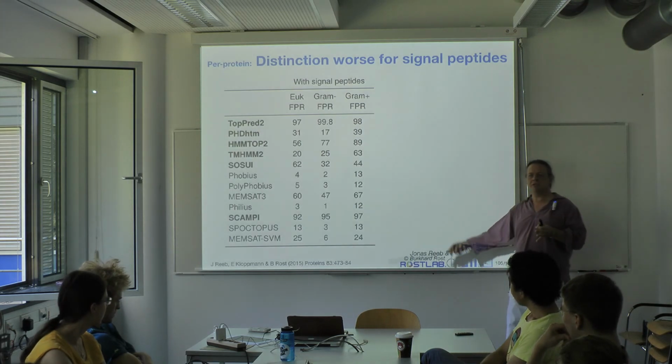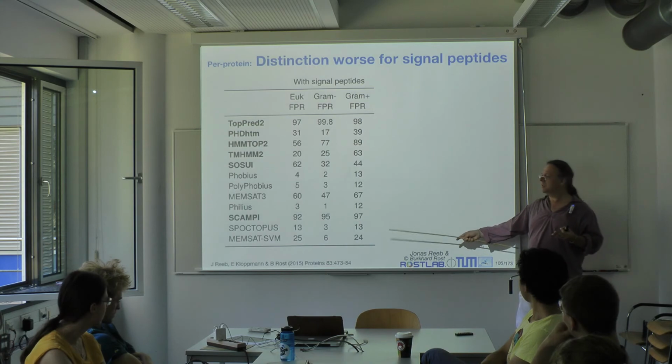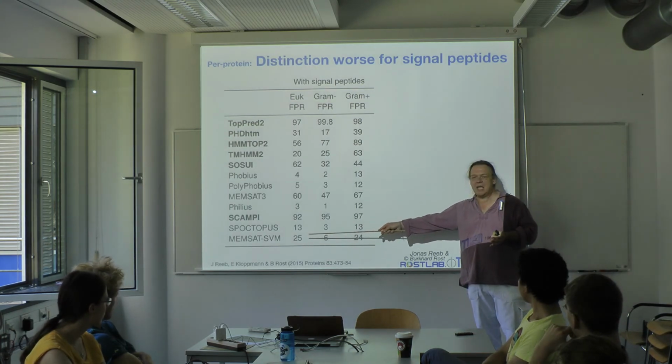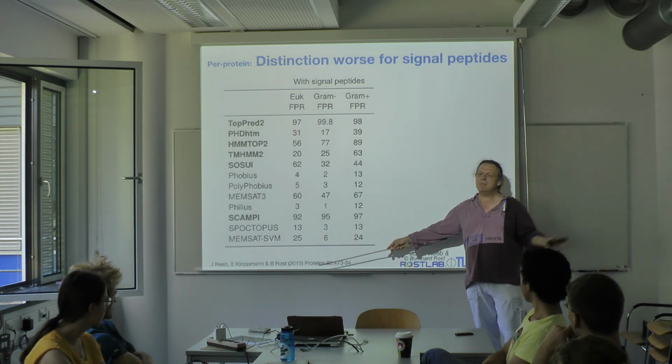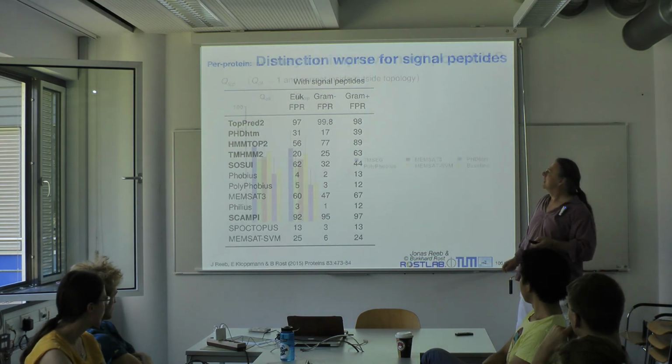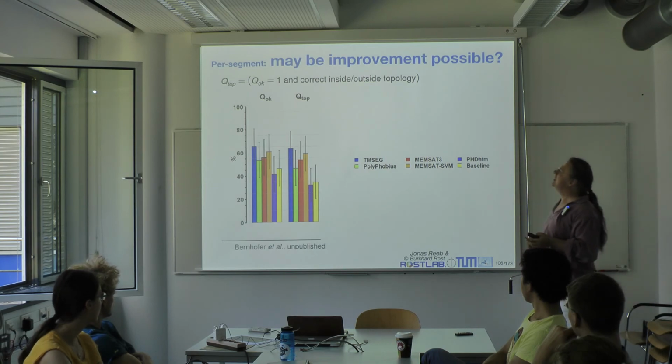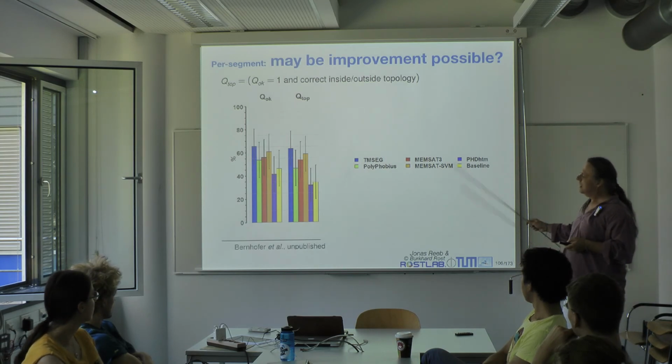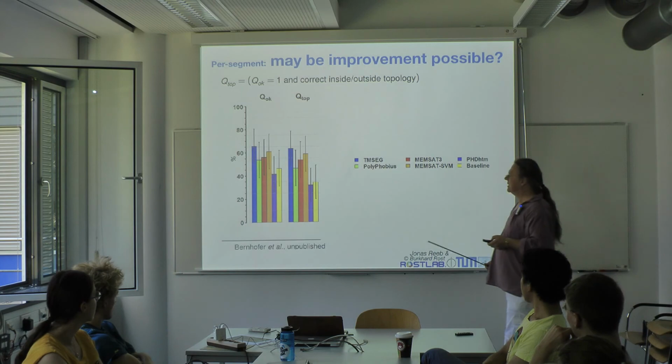Okay? So sometimes with numbers, you have to think and translate them. In this particular case, the error rate translates to something slightly different in a whole-proteome prediction. Very high, and we immediately see that there is something to do.